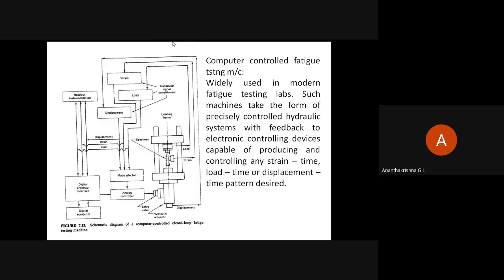So the displacement will travel all the way to here. The strain, load, and displacement come over here and are connected to displacement and then go to the readout instrument. One strand of strain is connected to the readout instrument, another to the mode selector, and one more to the digital processor interface.